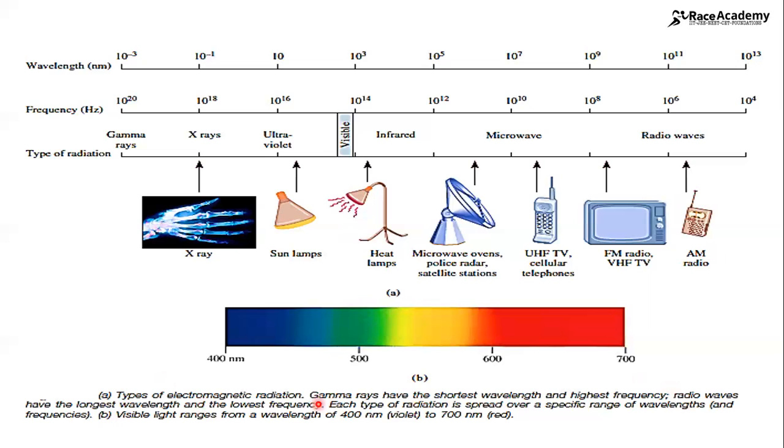Each type of radiation is spread over a specific range of wavelengths and frequencies. In the second picture, the visible light range is 400 nanometers to 700 nanometers. You have to remember this. Visible light lies only within this range, and all 7 colors are mixed in it.